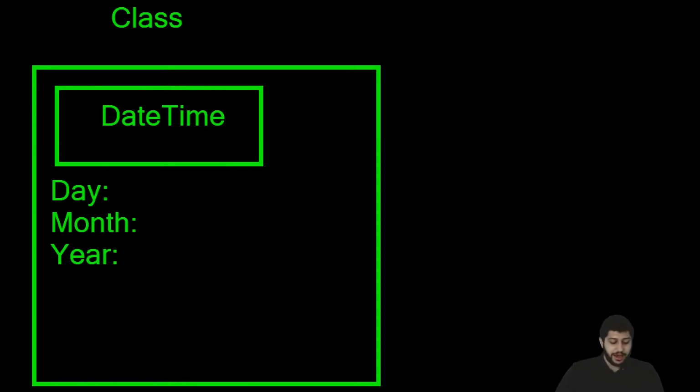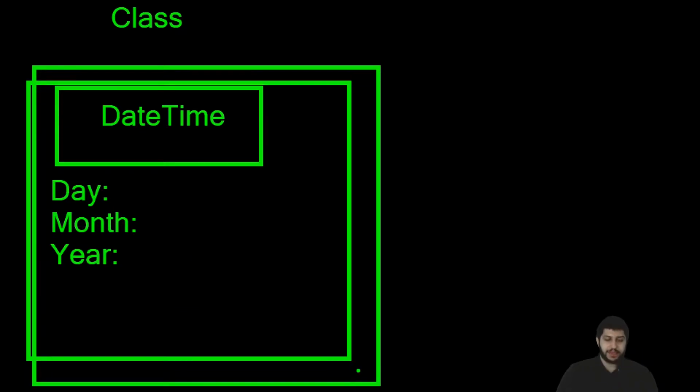So datetime is a class, and datetime has day, has month, and has year. Keep in mind that datetime is nothing concrete. It's just an abstract thing. It's an abstract template. So the core developers that wrote datetime, they told us, look man, if you want to work with dates, we can provide you with this template through which you can create objects that have some defined behavior and some defined data inside.